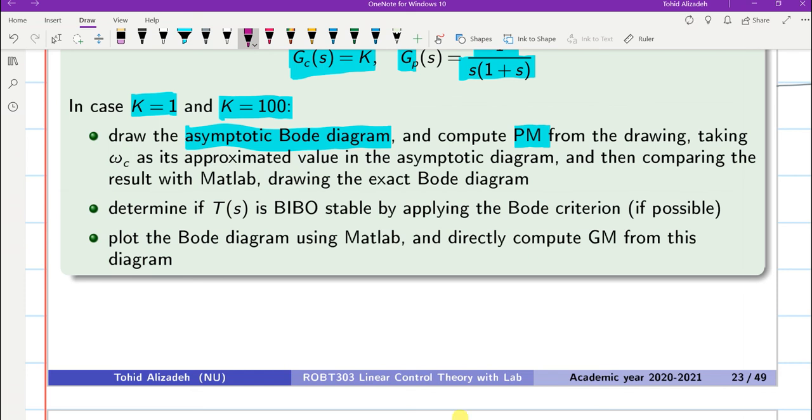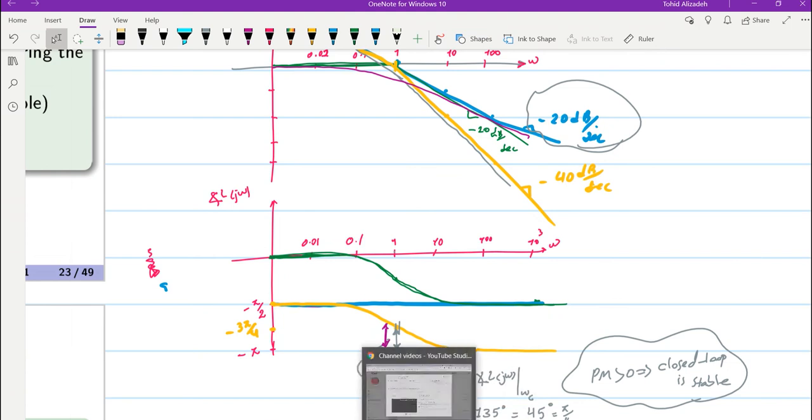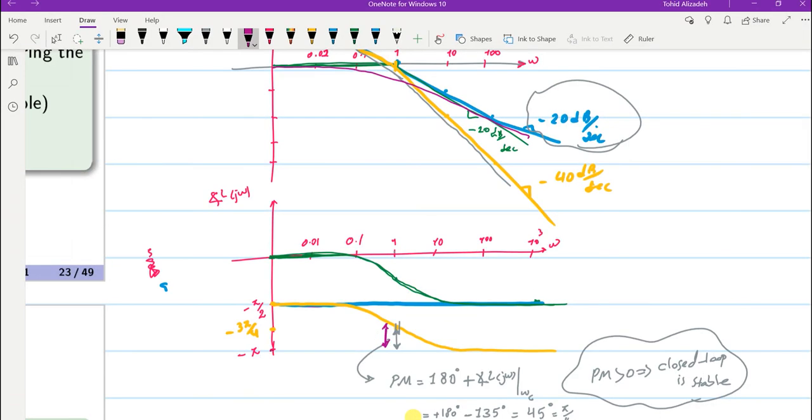So if you check the approximate Bode plot over here or the actual one over here, you can see that the phase never reaches minus 180 degrees. Indeed, in the approximate one that I have drawn, the phase reaches minus 180 degrees. But if I draw the actual one, this will happen at omega equal to infinity. And as a result, the gain margin will be infinity.